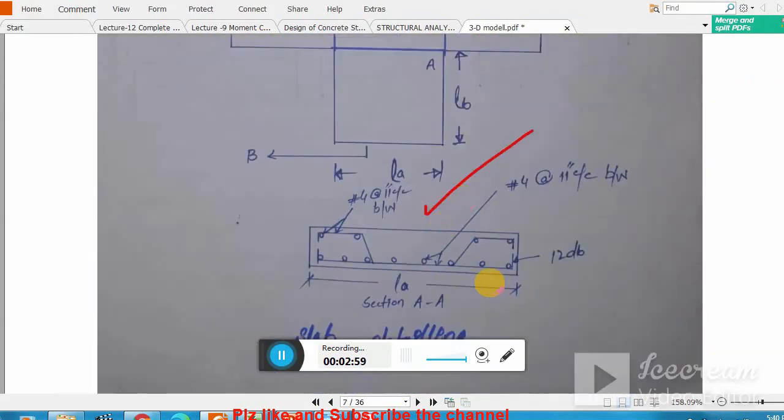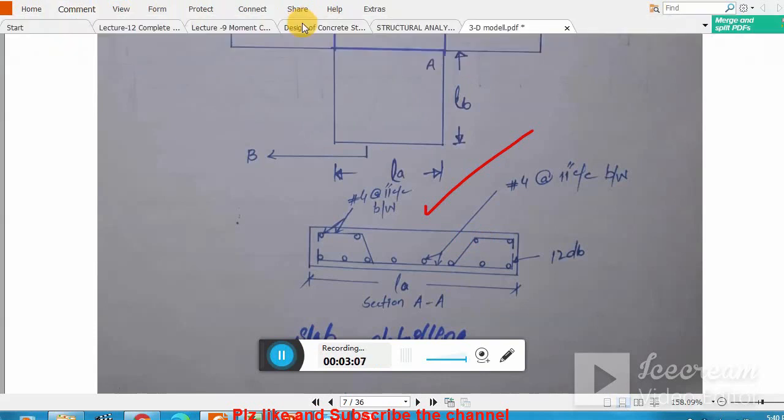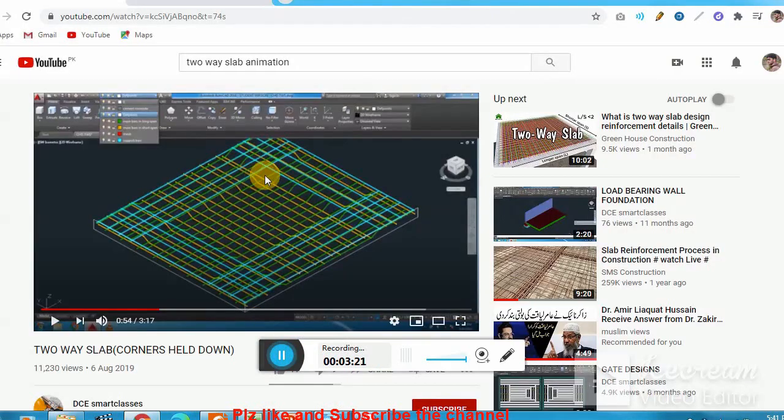Yes, this one. You see this bar. These are supporting bars which are provided to the bent up bars. So in the video you see here the blue bars.